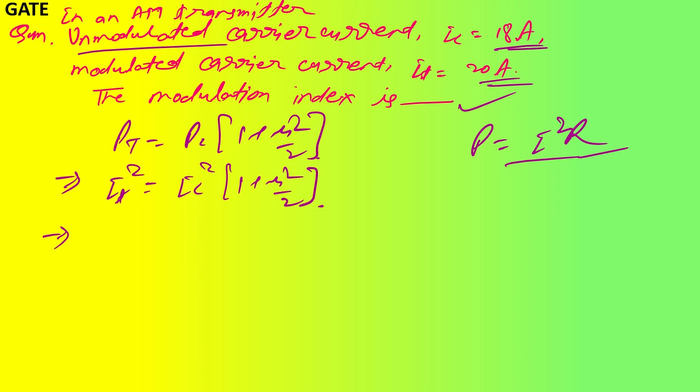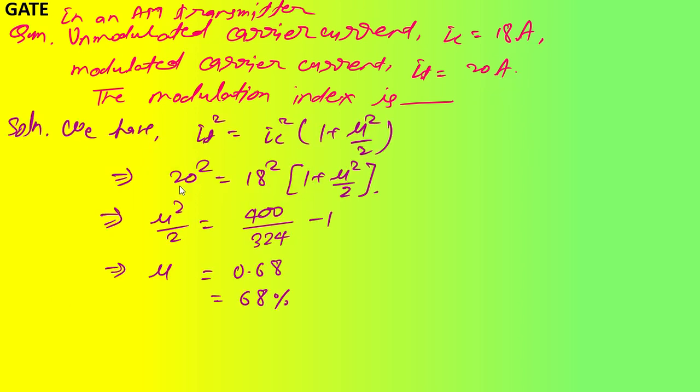So let me give you the formula directly here. 20 square is equal to 18 square into 1 plus mu square by 2. Alright. So mu square by 2 can be written as how much? 20 square is 400, 18 square is 324, minus 1. Okay.